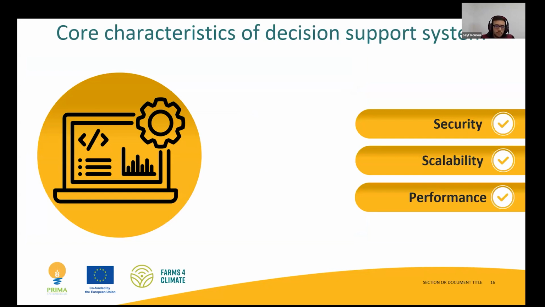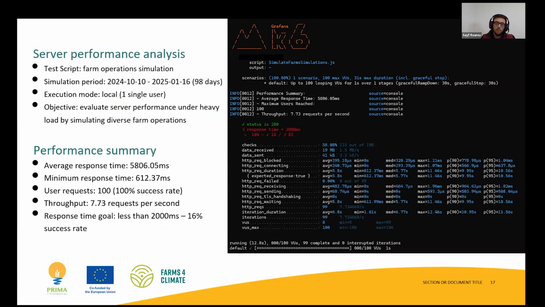So overall, our system is built for security, scalability, and performance. These characteristics ensure it can adapt to various farm operations, size, and complexity, because in the future, it can be used by many thousands of farmers. So we ran some performance testing to demonstrate how strong the throughput of our server is and how it can handle light and heavy loads.